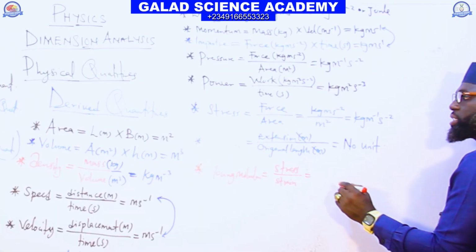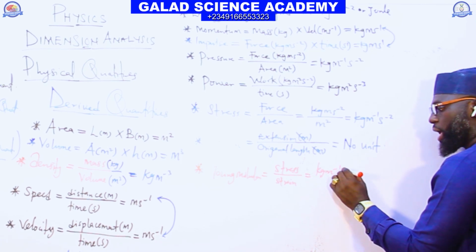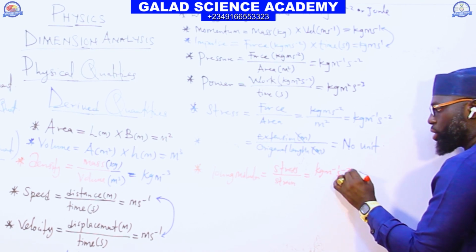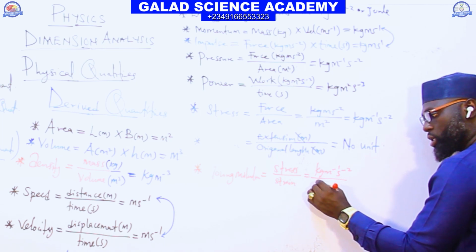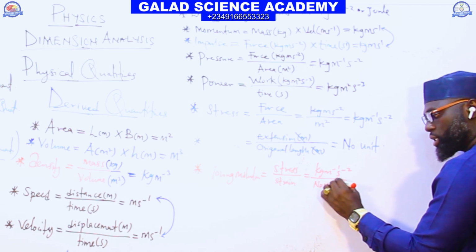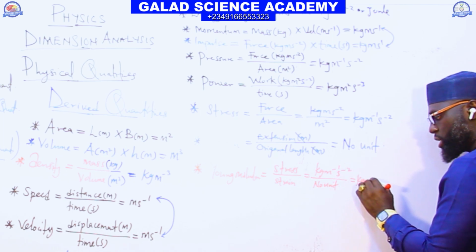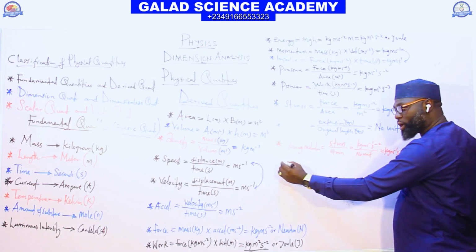And the stress unit is kg per meter per second square. Strain has no unit. The unit will now be kg meter square.